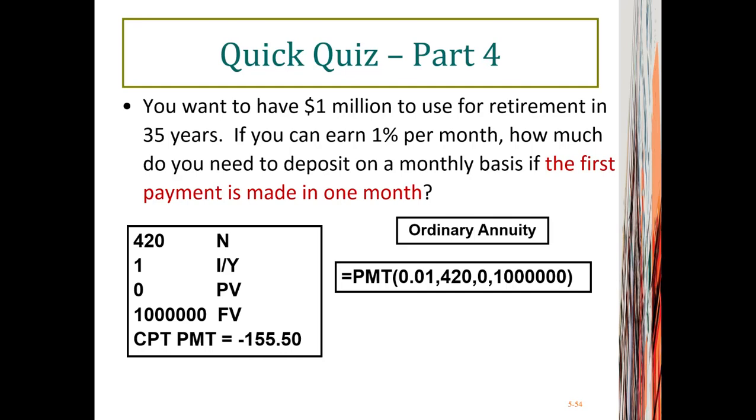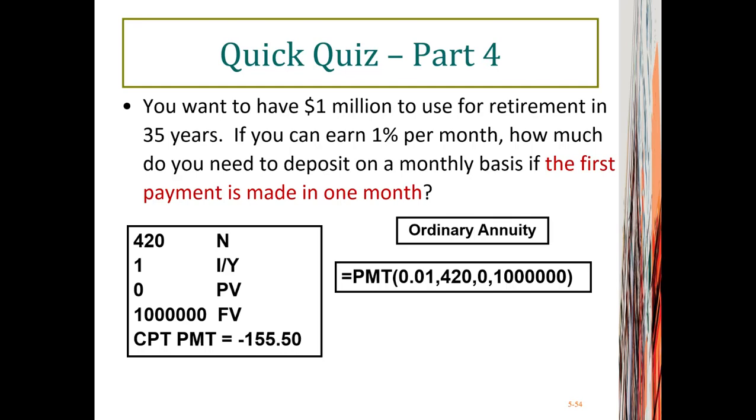Is 12% hard to achieve? I would say no. If you invest in the stock market for the long term, your return is going to be something around 11-12%. Right? And each month you save $155. Let's say your return is about 1% a month, 12% a year.